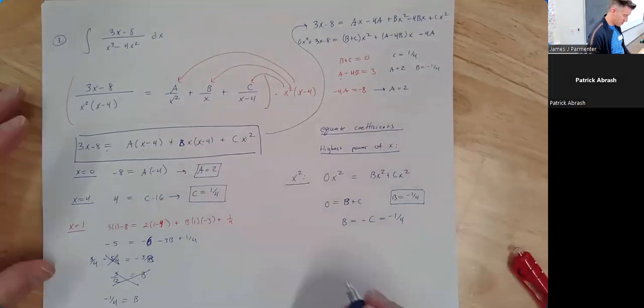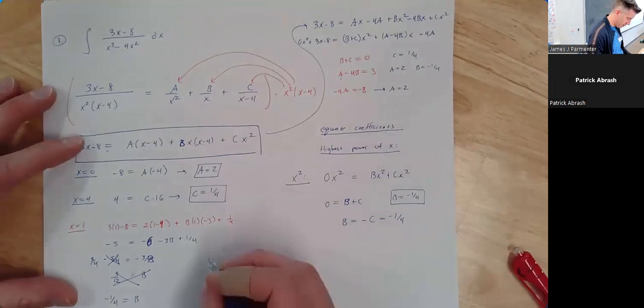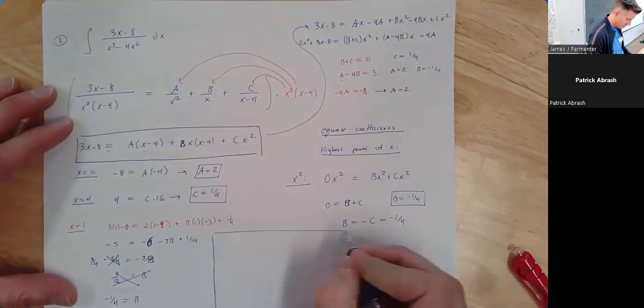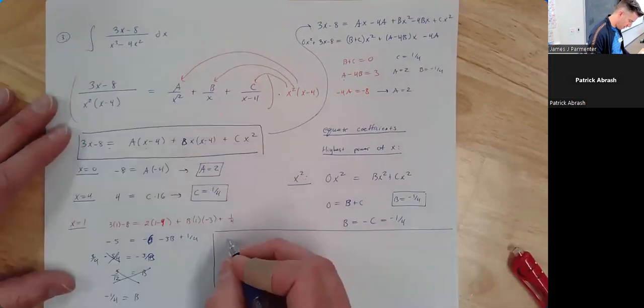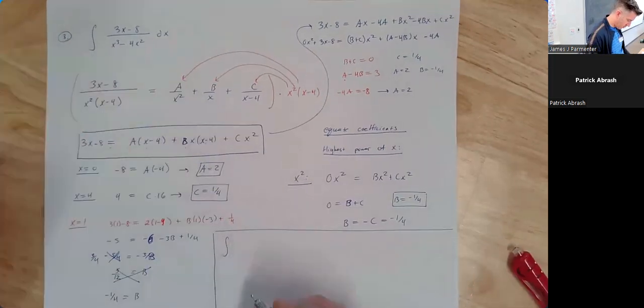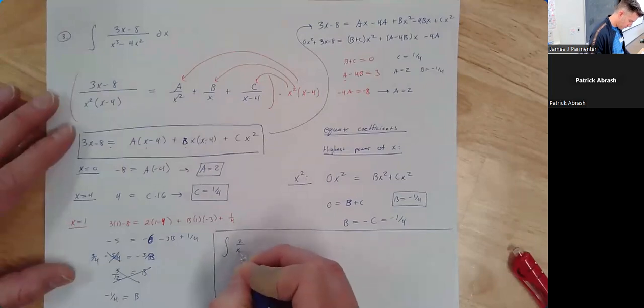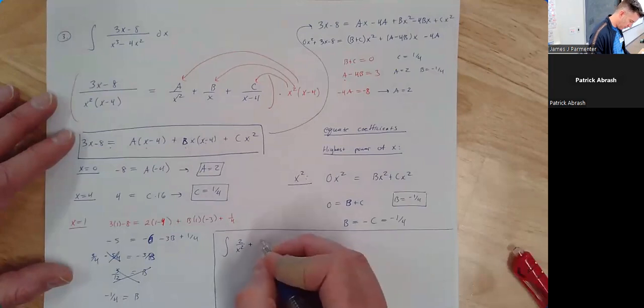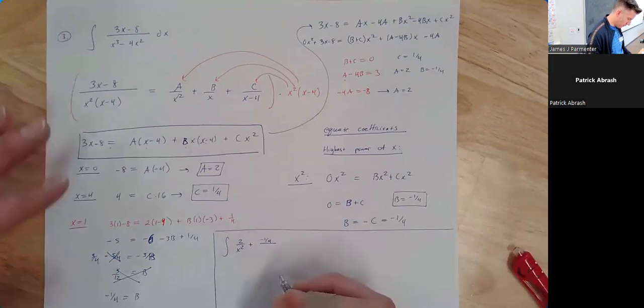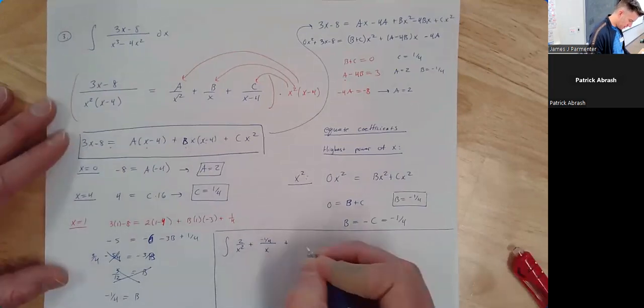So then back to the story that we were actually trying to figure out. We're trying to do this integral. So that integral is going to become the integral of a over x squared plus b, which was negative 1/4, over x plus c, which is positive 1/4 over x minus 4.